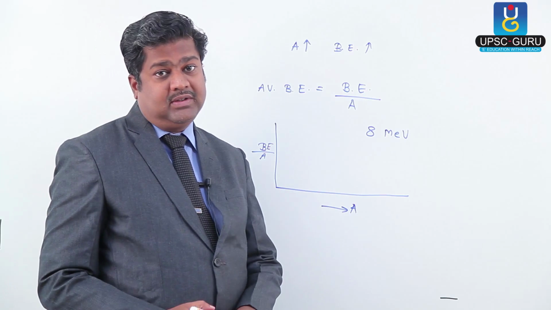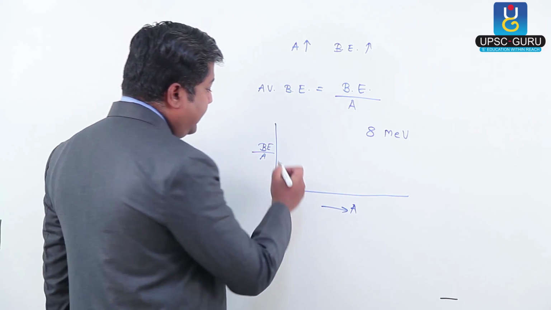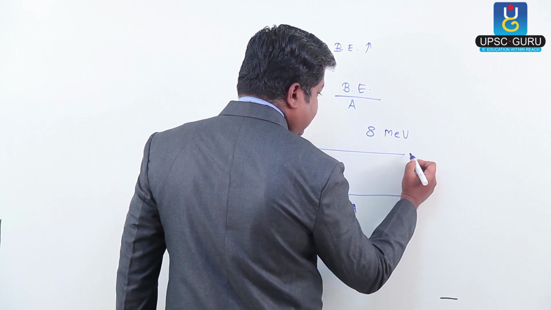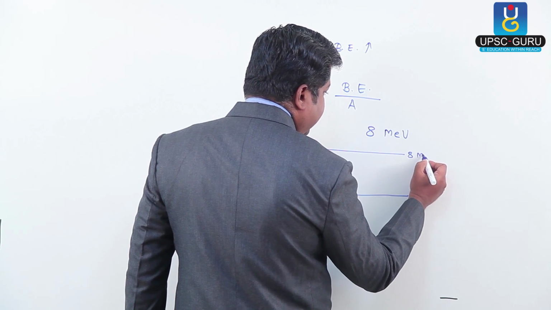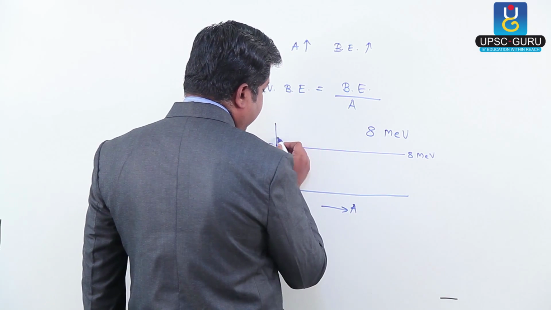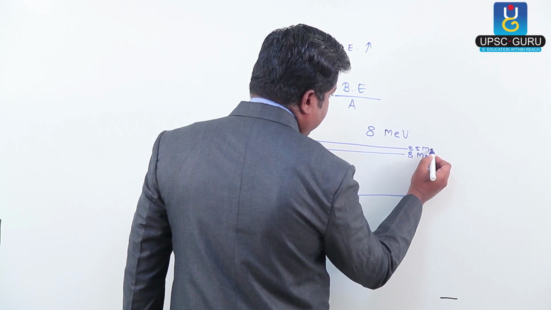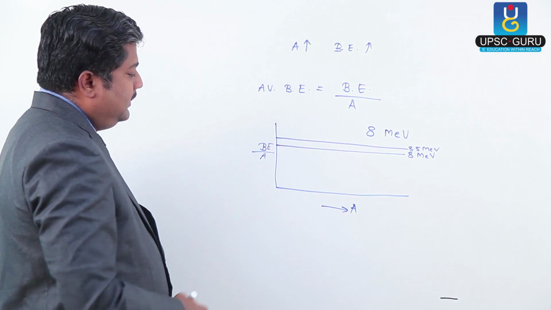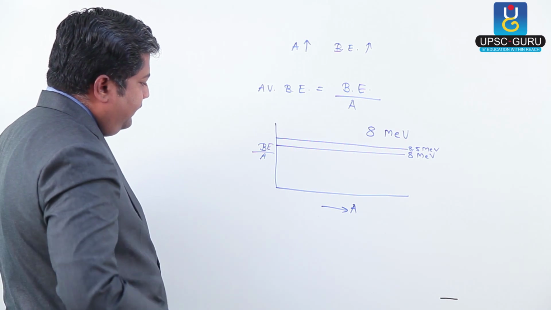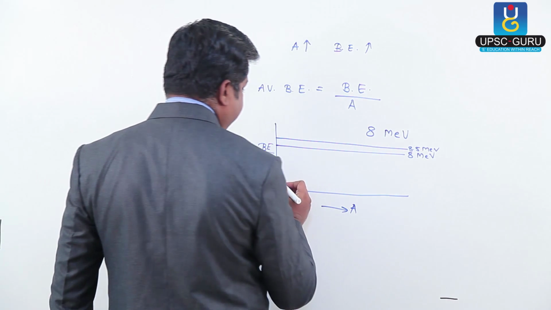The actual graph differs, but here I am drawing a somewhat simplified graph. Here average binding energy we are putting 8.5, 8. Then this line shows 8.5 million electron volt. Then I have to put the graph here, something like this.